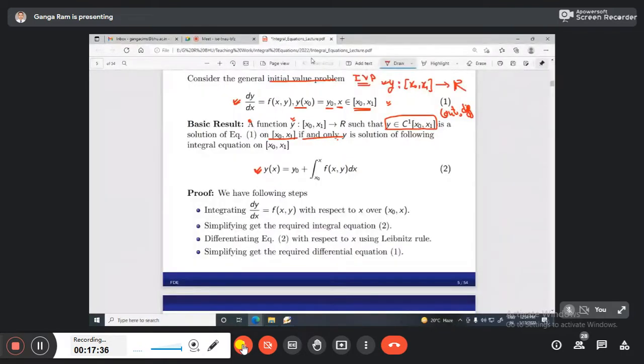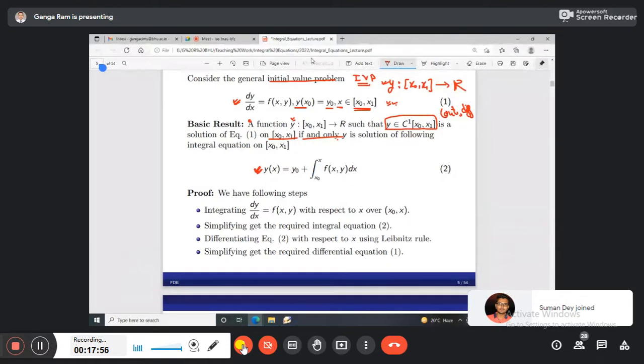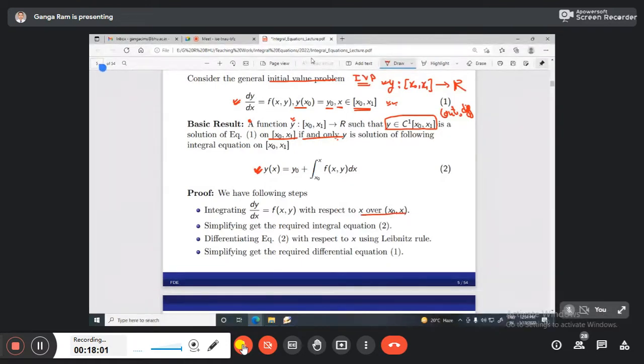Do you agree? The proof of this result is very obvious. How do we find this equation from the initial value problem? What will you do? We will take the integral, integrating dy upon dx equal to f of x with respect to x over the limit x naught to x.